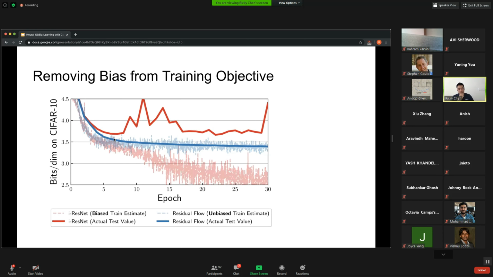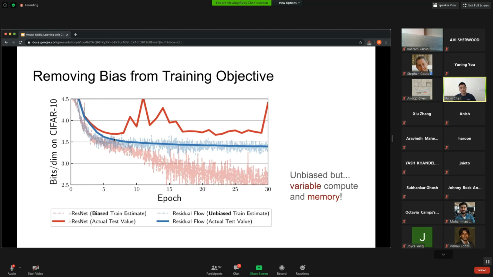And this log likelihood doesn't actually converge at all. This is not an effect of overfitting to the training data set or anything like that. It's an effect of overfitting to the bias in the estimator itself. So in contrast, by using our unbiased estimator, the training is quite stable. It's the blue lines. And we can reliably train the model without having to worry about any sort of bias.